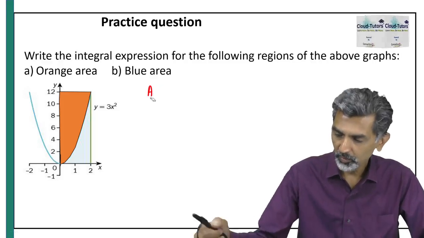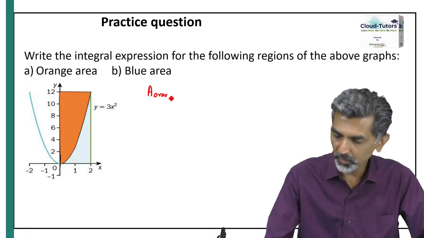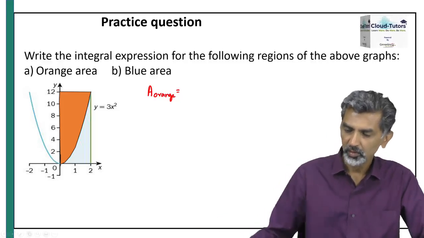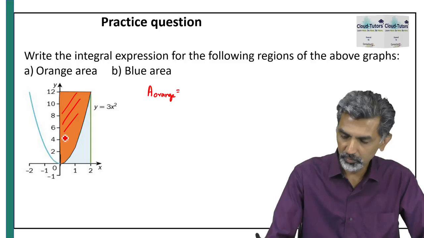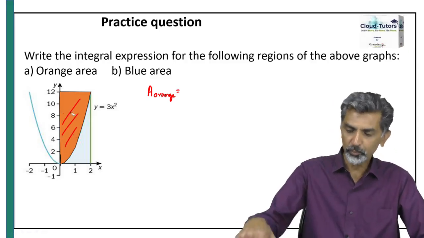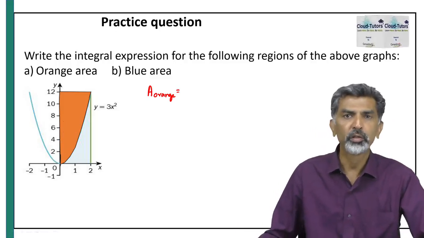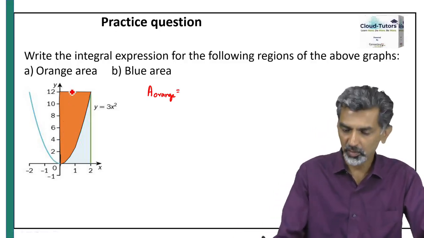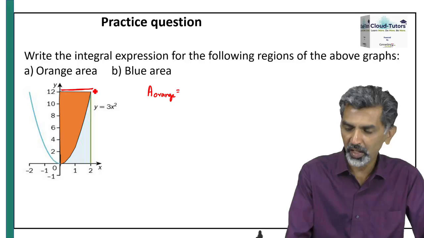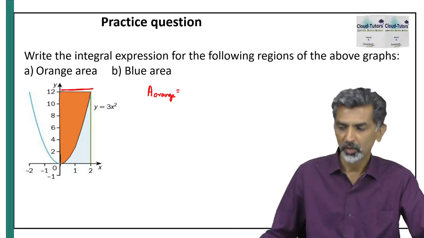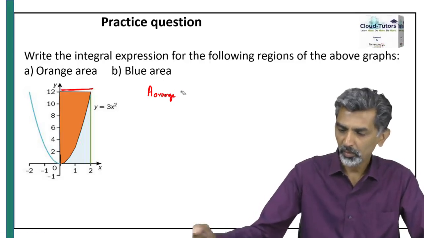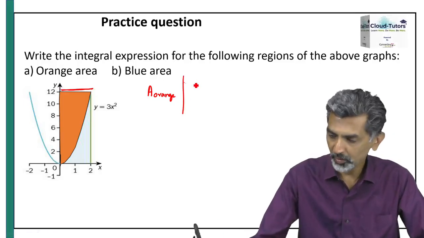So the area of the orange region is this portion here, and for that portion, what is the upper boundary of the region? The upper boundary is this horizontal line, which is y is equal to 12.